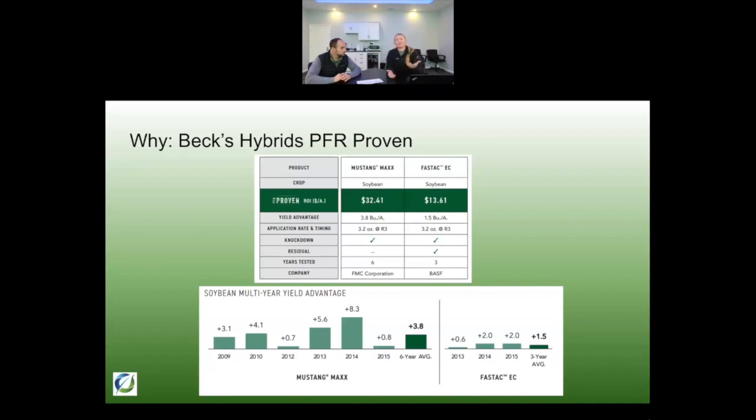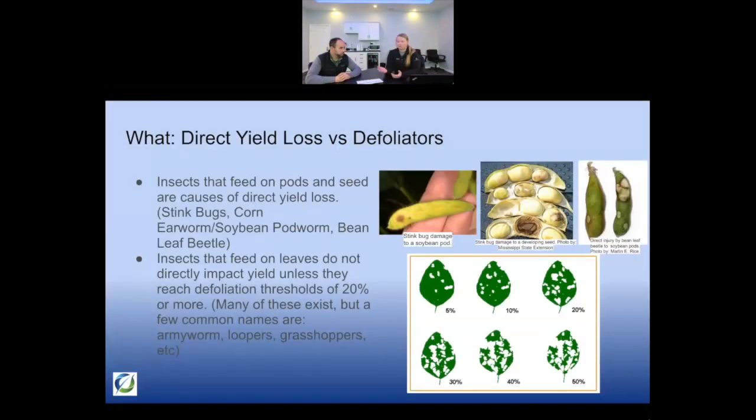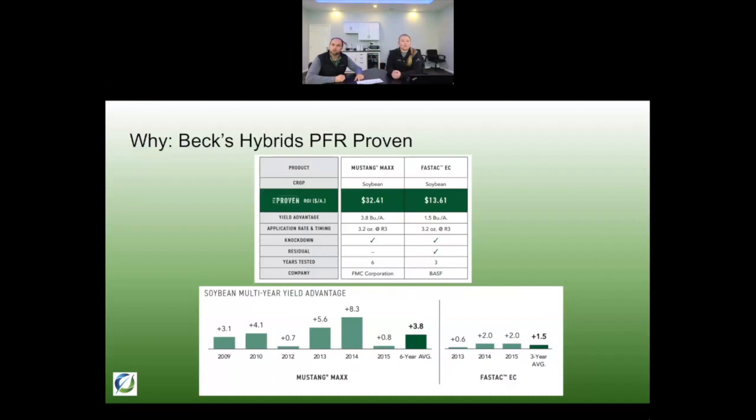Baythroid is another. Baythroid XL, Leverage, some of the others that will do a good job for us also. So again, we're going to dive a little bit into our direct yield loss bugs and our defoliators, which will lead us on to our next slide.